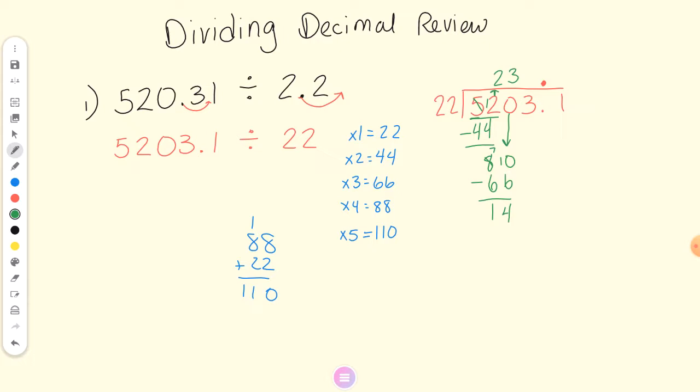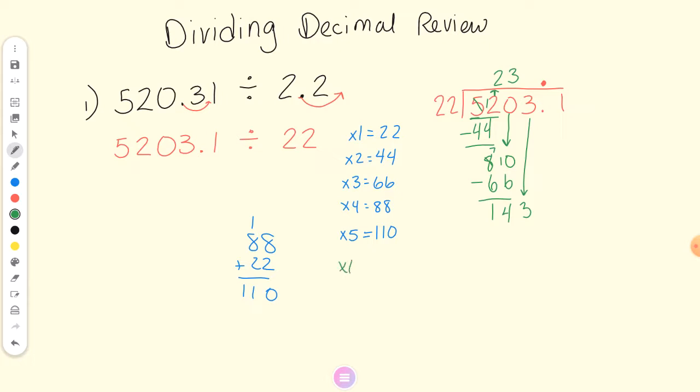What do I do next, Brady? You bring down the 3. Bring down the 3. What do I have to do now, Parker? Sadie? Yeah, I need more multiples because I need to get up to 143 and I'm only at 110.